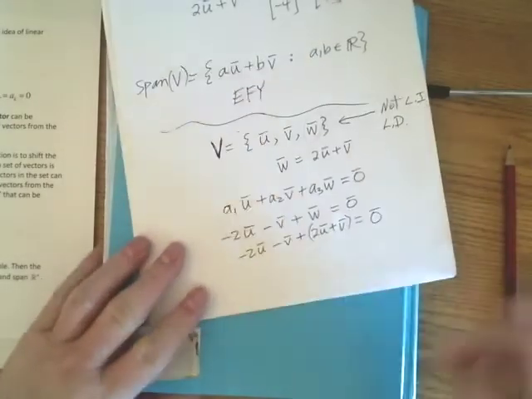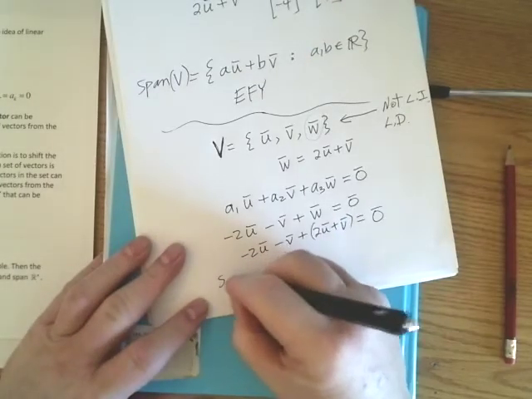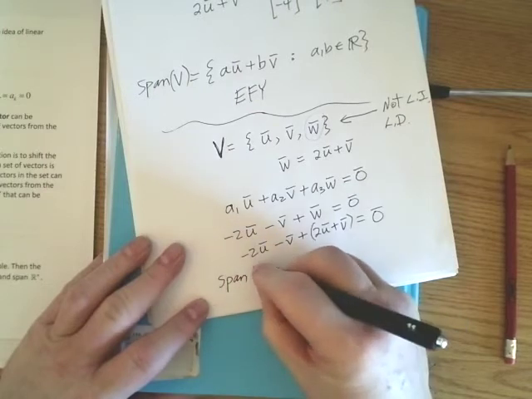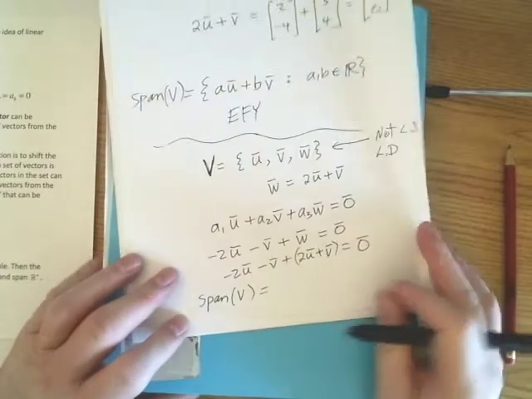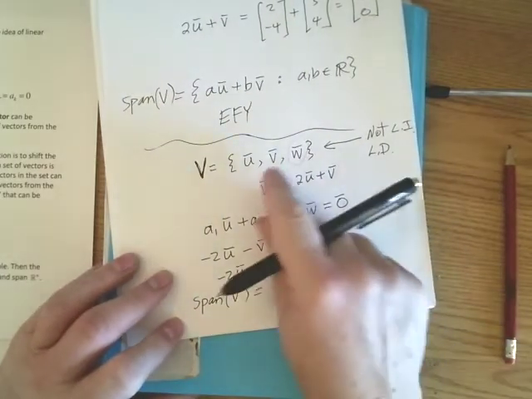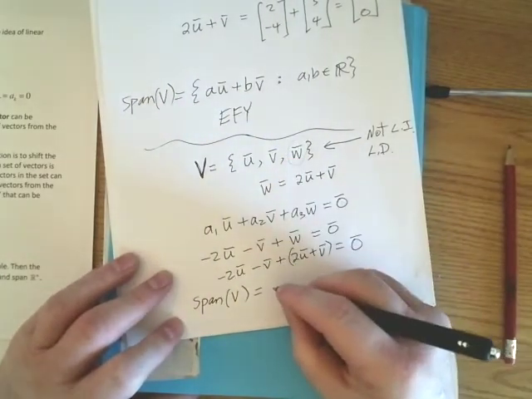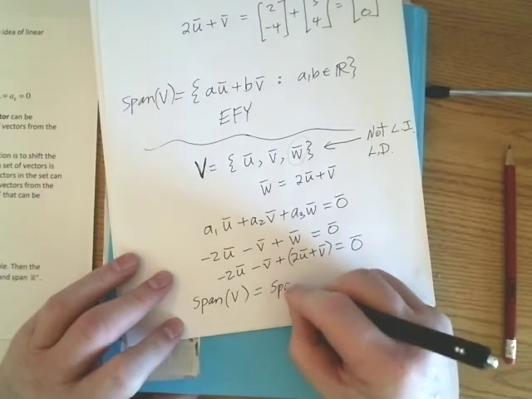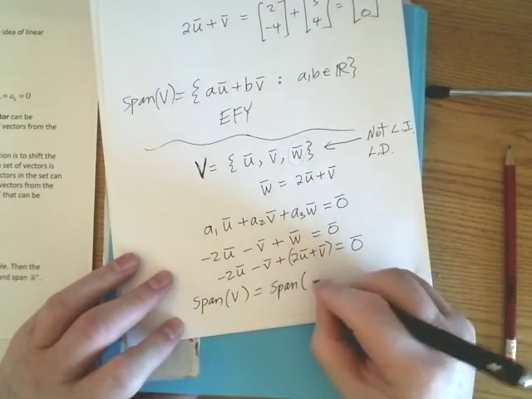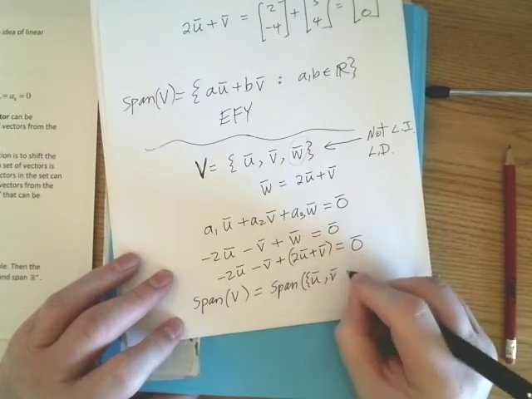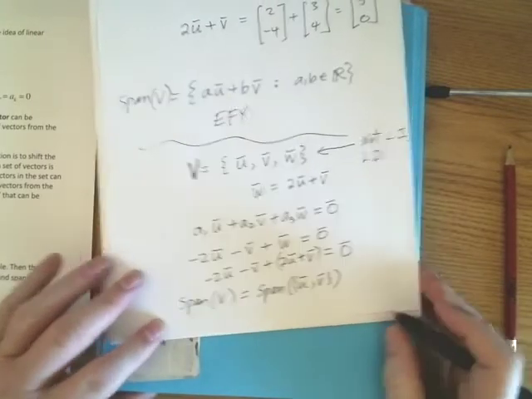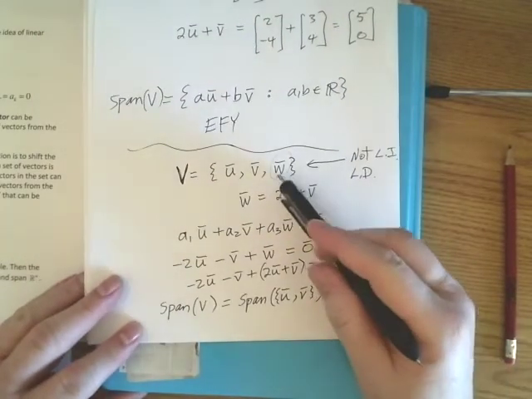If I was going to compute the span of V, remember that's the set of all linear combinations of U, V, and W. Would I really need W, for example? Well, no. I would get exactly the same span if I just used U and V. What good is W doing me?